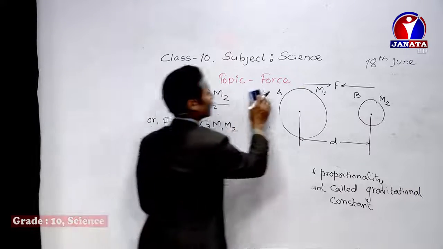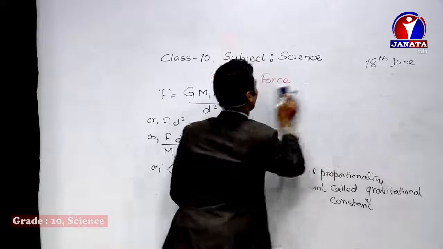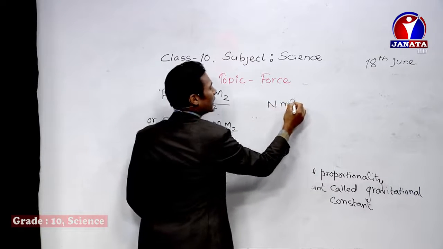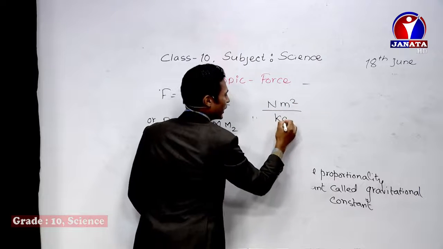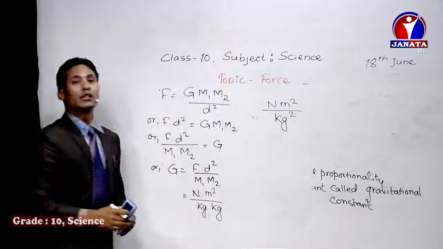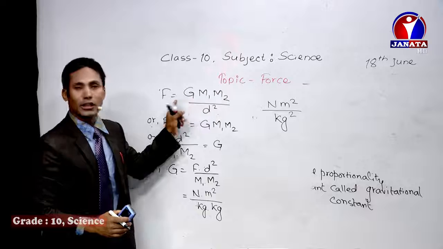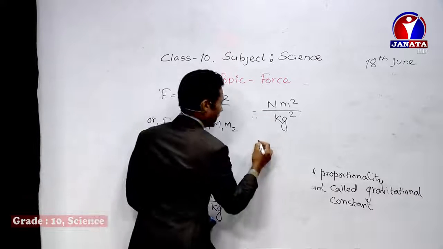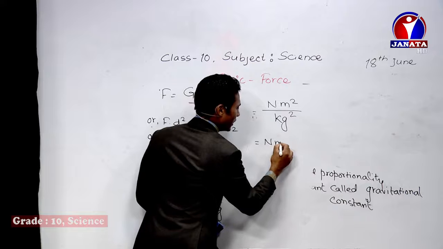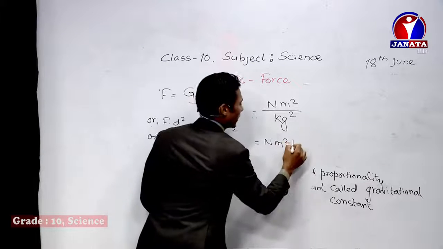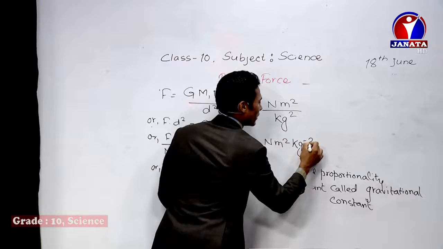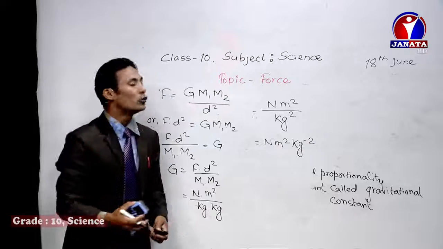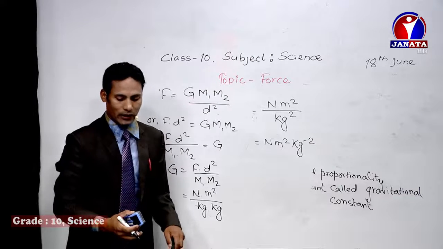So we can conclude the unit of this gravitational constant is Newton meter square per kg square. Also we can mention it like this: Newton meter square kg to the power minus 2. So this one is the unit for this gravitational constant.